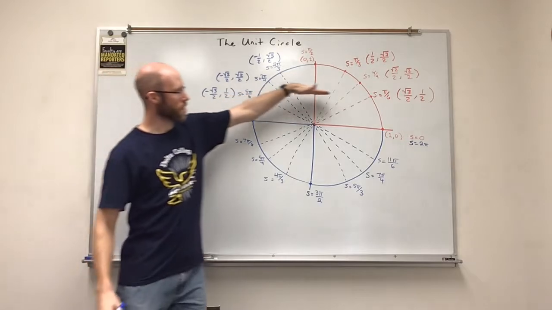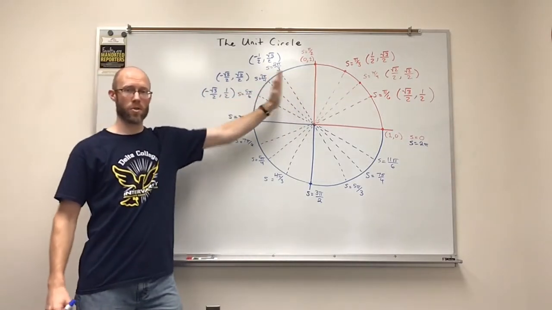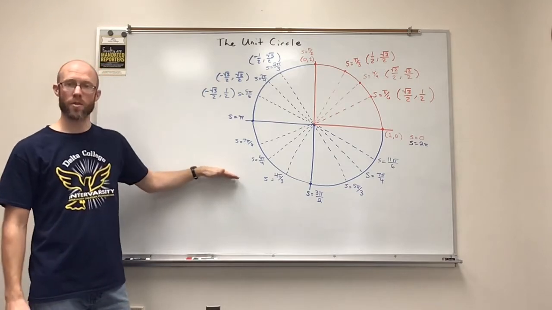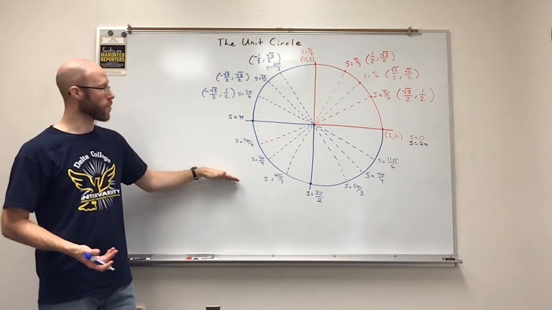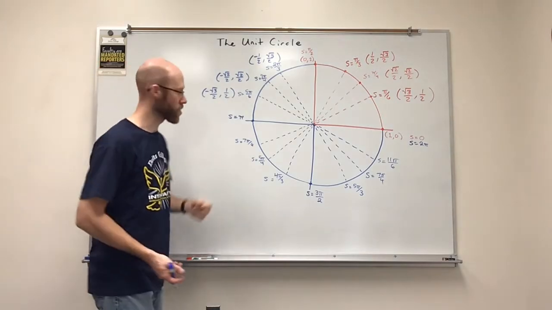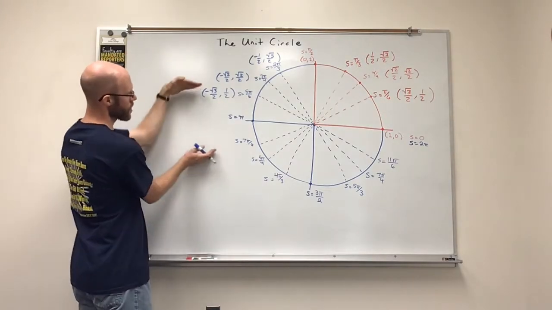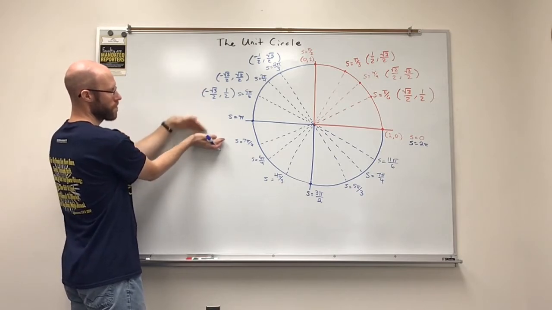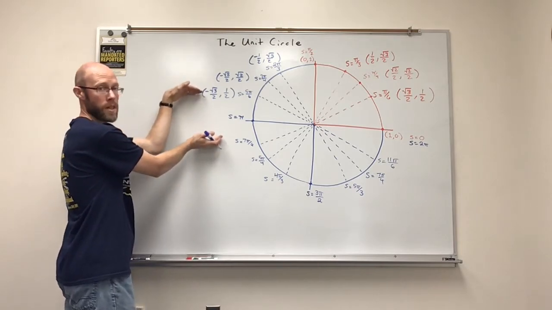Okay, and again, they're all the same height, that's why the y's stay the same, just the x values are reflected over. Going down into the third quadrant, you change both signs. Okay, well, not change, you make both of them negative. So here, the 7 pi over 6 relates to the 30-degree angle, or in this case, the 210.